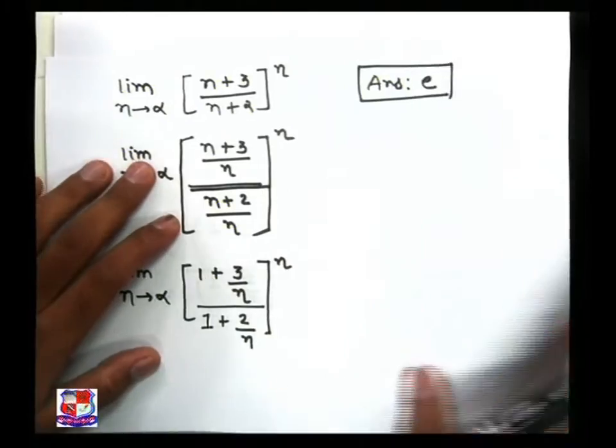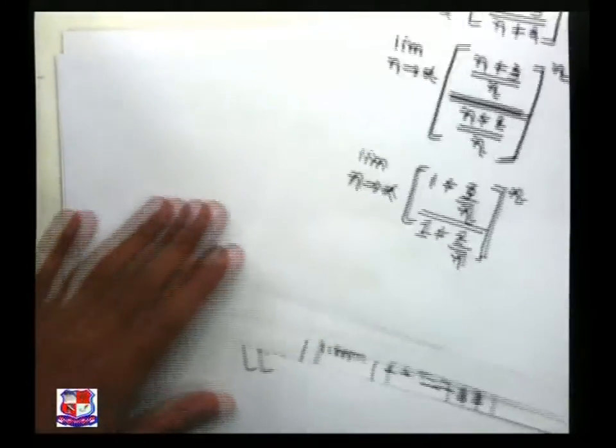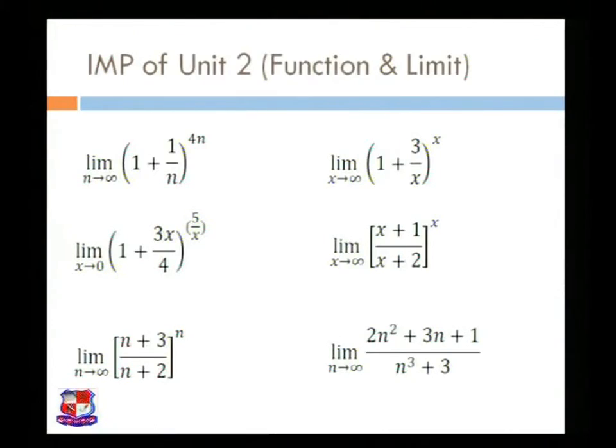Now we move to our next question. Our next question is limit n tends to infinity, (2n square plus 3n plus 1) divided by (n cube plus 3).